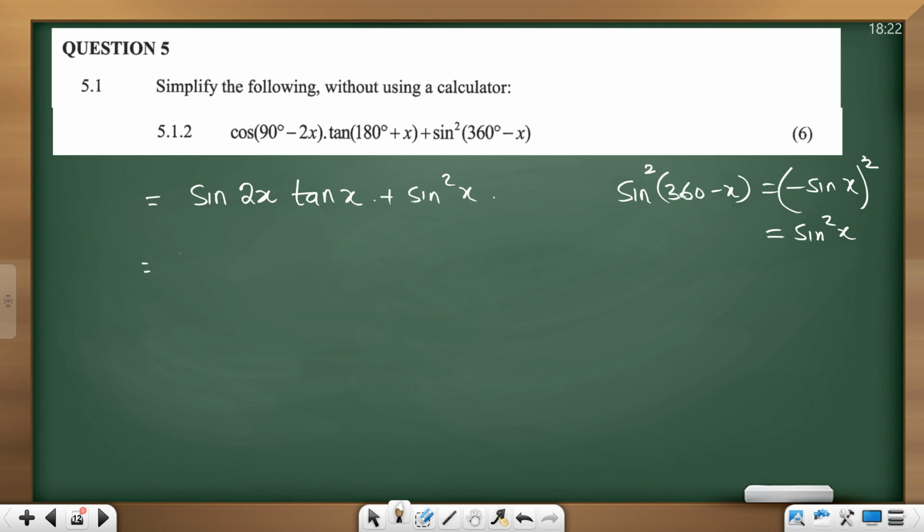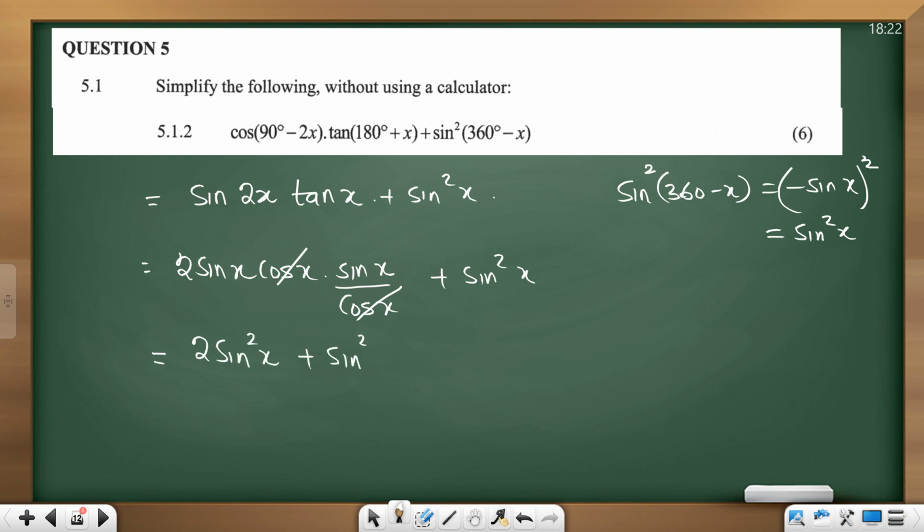What is it? 2 sine x cos x multiplied by sine x over what? Cos x plus sine squared x. What do you have? 2 sine squared x plus sine squared x. Are we fine? What's your answer? 3 sine squared x.